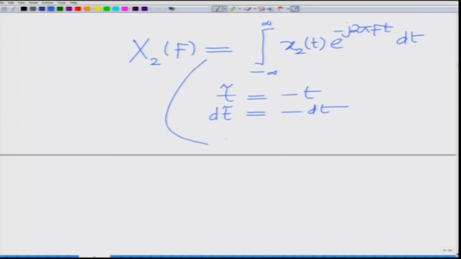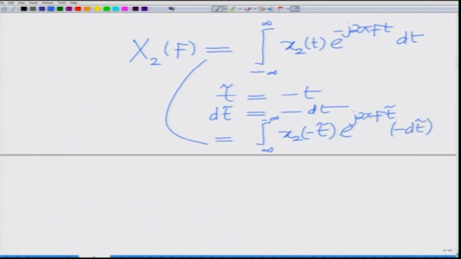So, this integral becomes the integral from infinity to minus infinity of x2(minus t tilde) e to the power of j 2 pi f t tilde times minus dt tilde.